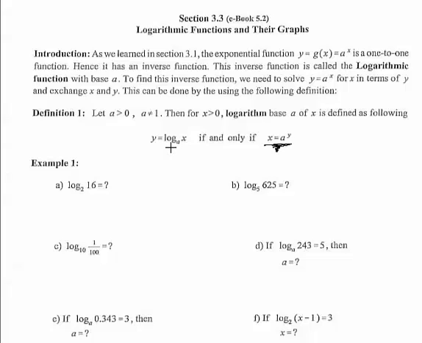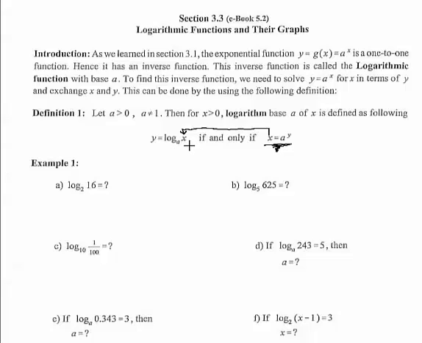Then for the log base a, we take the opposite side of the equation, the x, and it will be what's called the argument of the log. I always like to say the log equals the exponent.